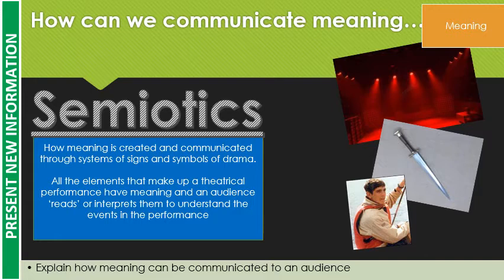So if I was going to interpret the semiotics of that particular costume choice there, it would be that he probably lives by a sailing town. He's interested in sailing. He's got a life jacket on, which indicates he's probably going to be near water. All of those things are communicating meaning to an audience.